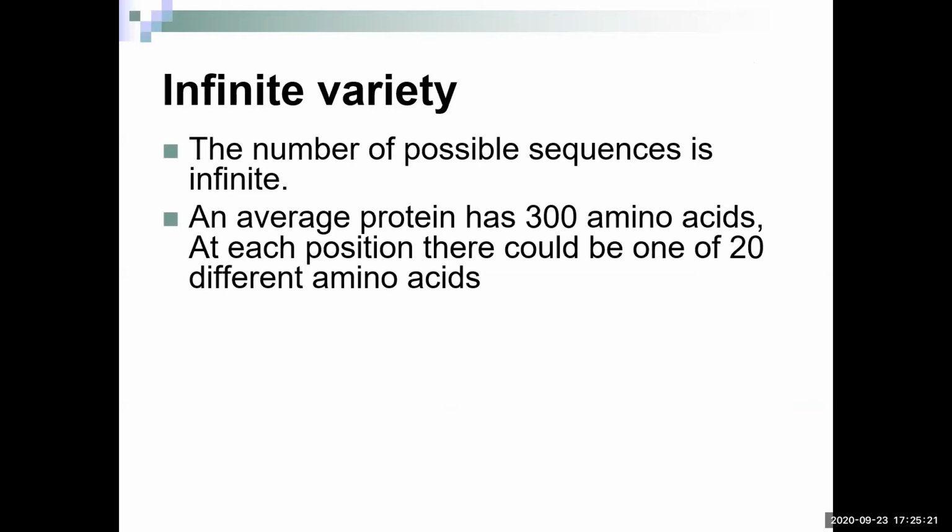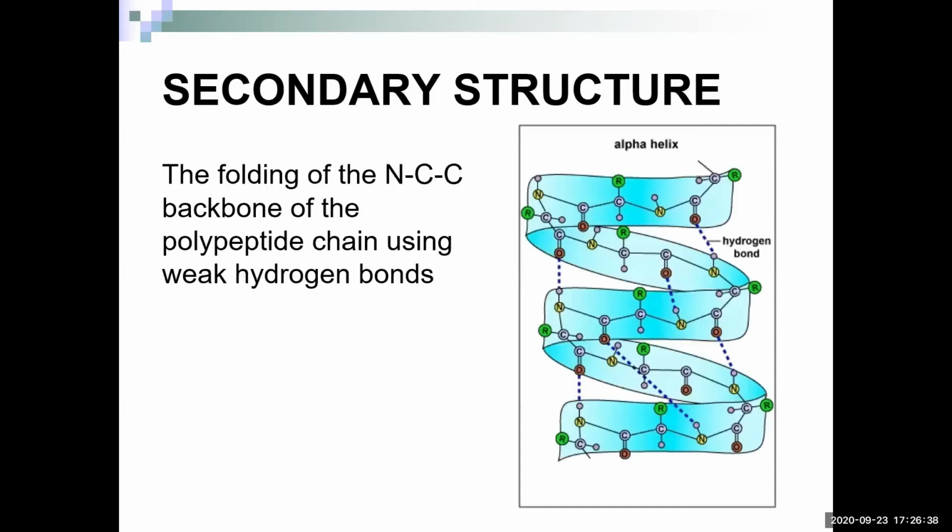At each position, there could be one of 20 different amino acids. So if you're going to know exactly ano yung possible combination, so it's 10 raised to the power of 390 possible combinations. Sa secondary structure naman, so ito yung example.